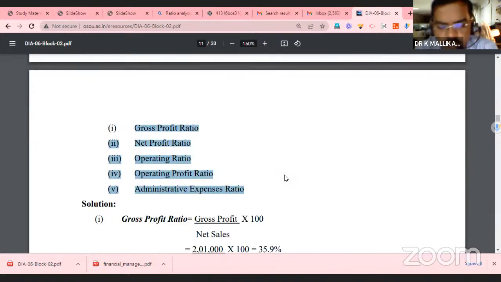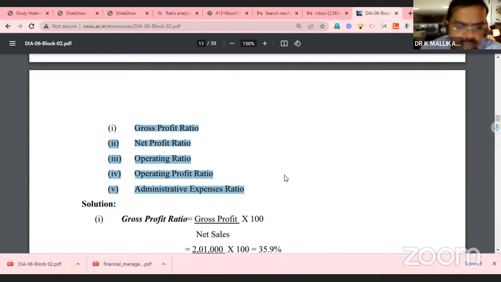So from an examination point of view also, we are expecting this kind of problem. We need to calculate these ratios. Once you understand the formula, it is very easy to calculate. First, let us understand the formula. Always when you are calculating the gross profit ratio, the denominator is sales.